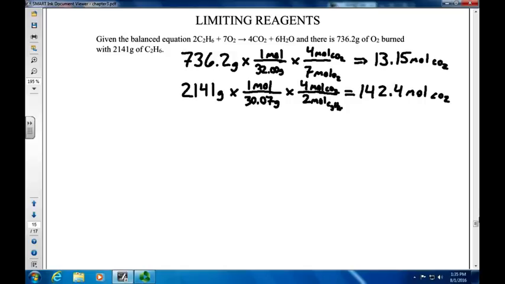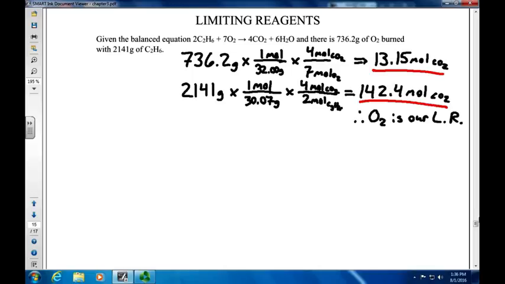So we can determine from this that if we were to look at the total number of moles, 13.15 is far less than 142.4, meaning that we're going to run out of oxygen before we run out of ethane. Therefore, O2 is our limiting reagent for this reaction.